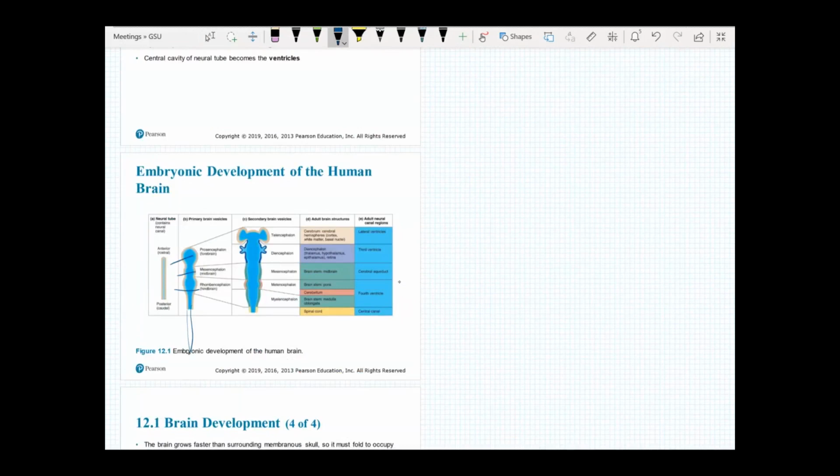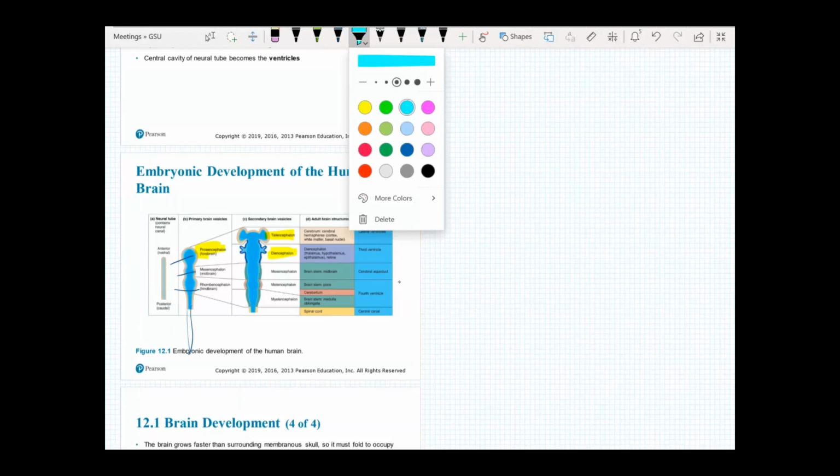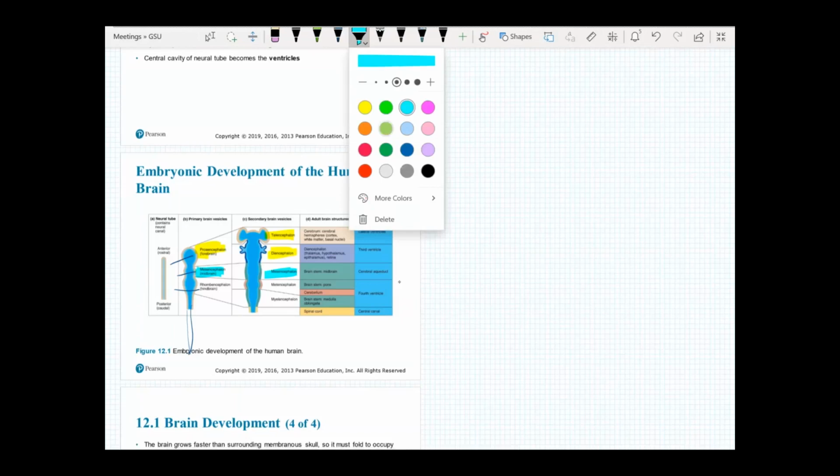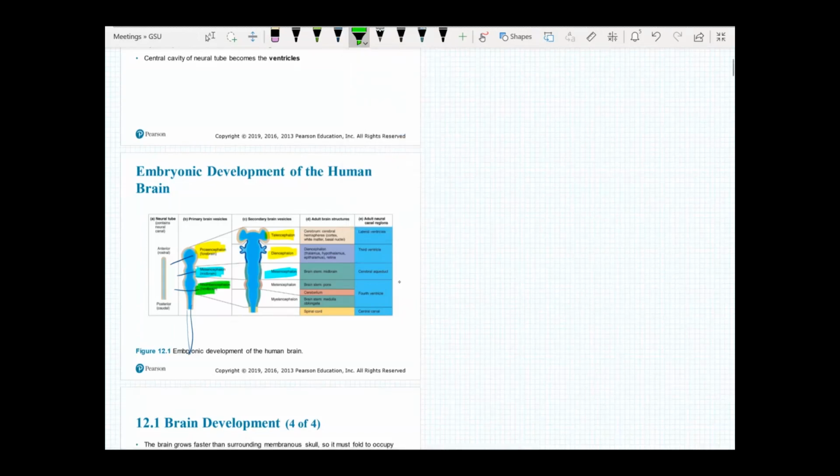These 3 regions, prosencephalon, mesencephalon, rhombencephalon, will become your telencephalon and your diencephalon, and then your metencephalon. So prosencephalon becomes this one. Your mesencephalon stays your mesencephalon, and then your rhombencephalon, or your hindbrain, becomes your metencephalon and your myelencephalon.